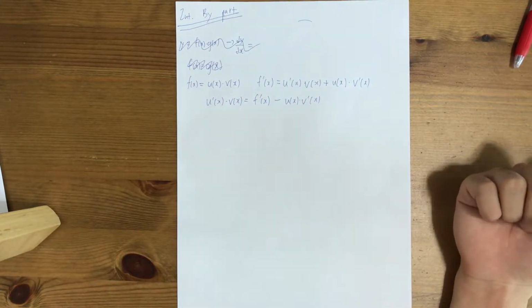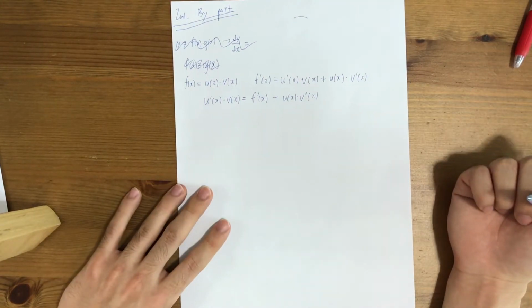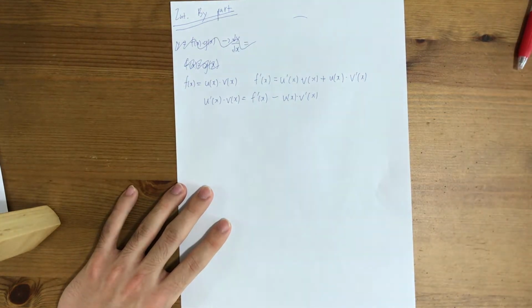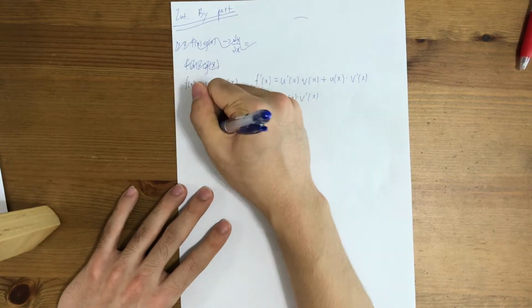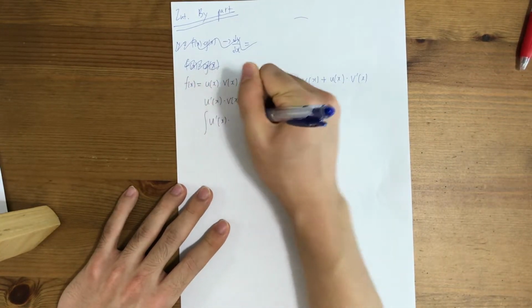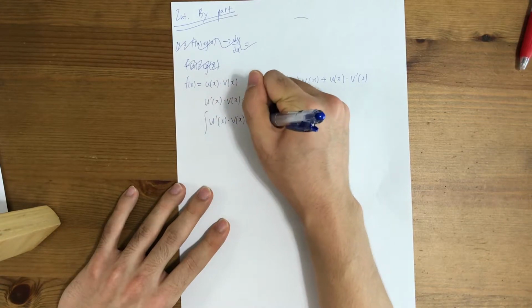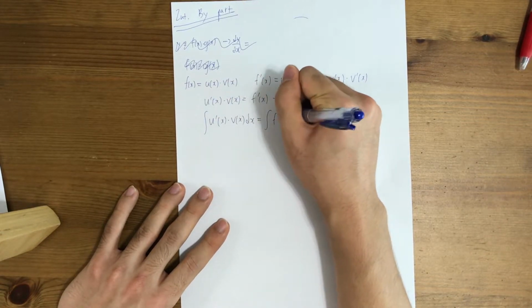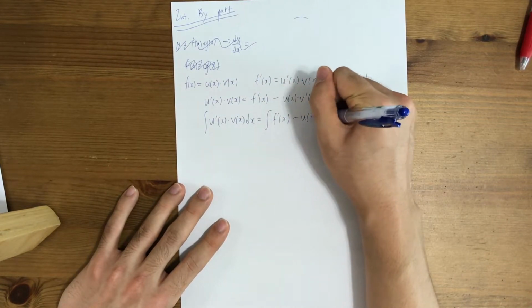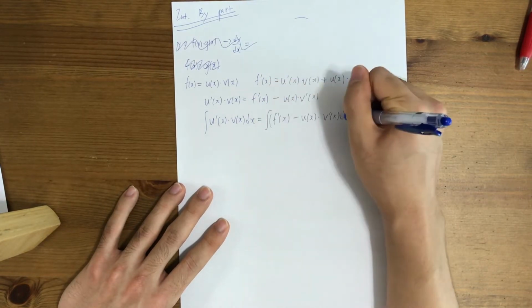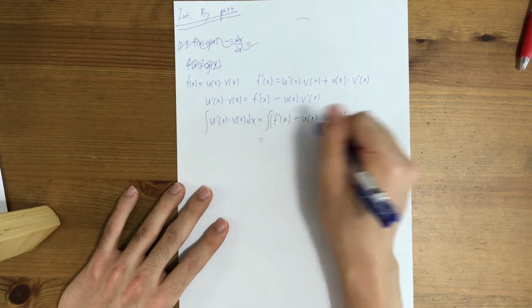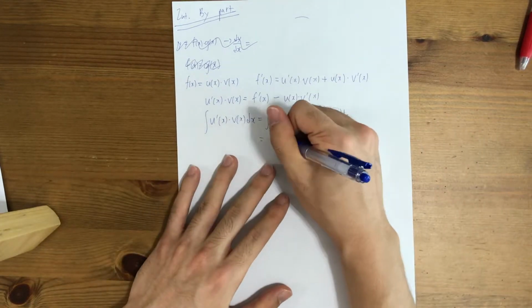And why don't we integrate both sides by x? It makes sense, right? I differentiate both sides by x, integrating both sides by x, still the same. So this is what we have, and we have two terms, so we can separate them.